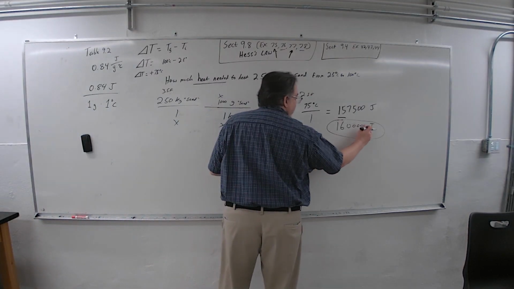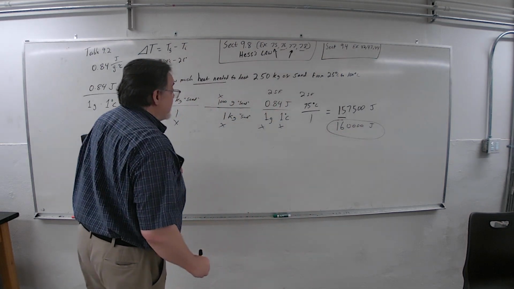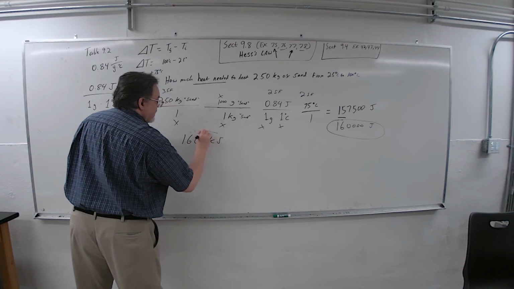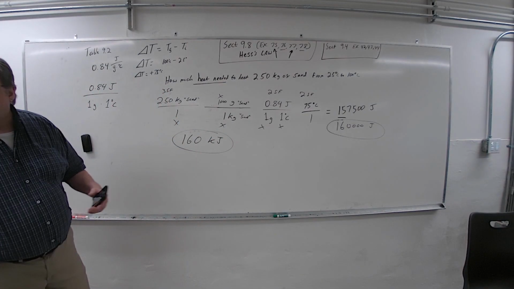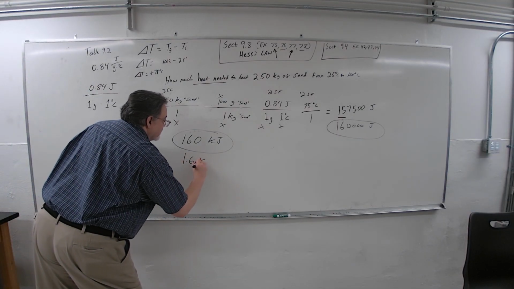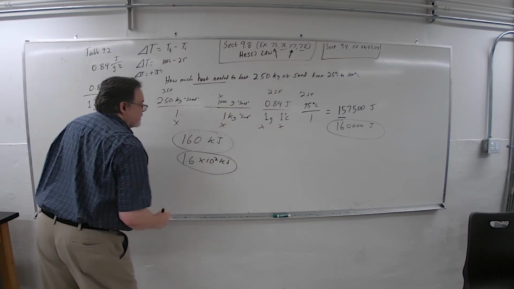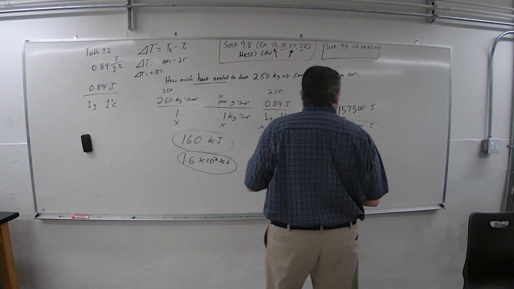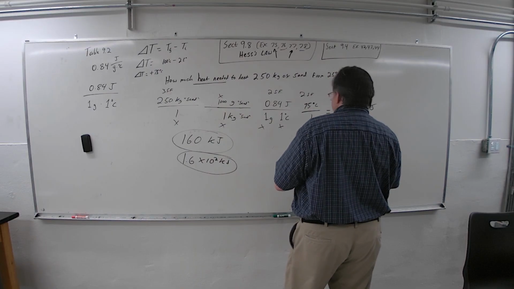Because there's no decimal here, this says 2 significant figures. You could also do it as, that's 100% correct as well. That's just in joules and that's in kilojoules. And you could also go 1.6 times 10 to the 2 kilojoules. That would be 100% correct.